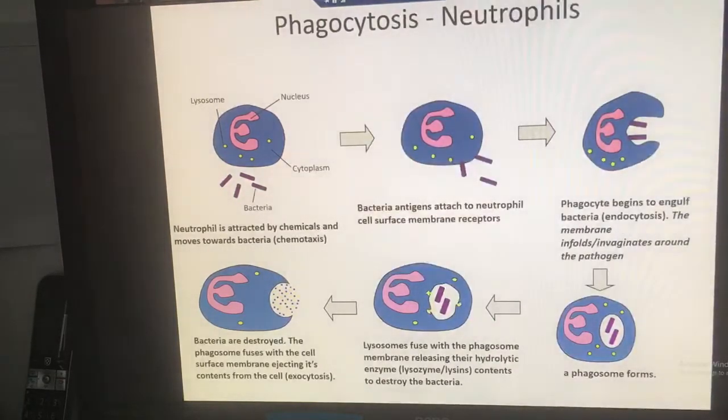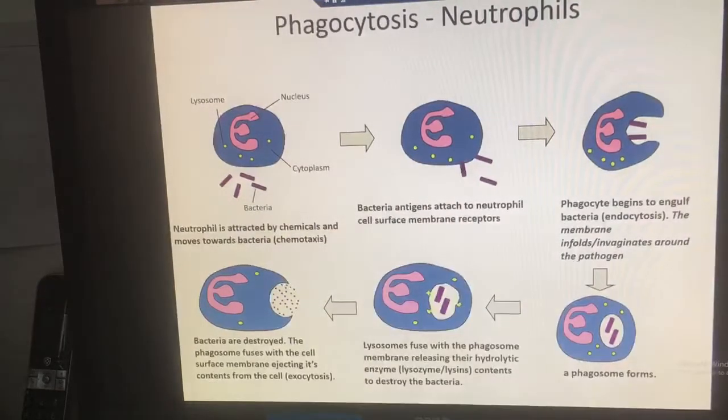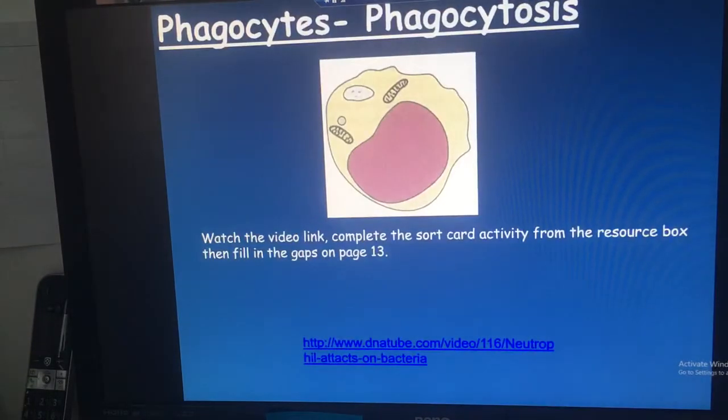So this is the process of phagocytosis in neutrophils. We end up fully digesting the pathogenic bacteria. The attached PowerPoint has got a really nice little video that you can click on to watch to see that process taking place.